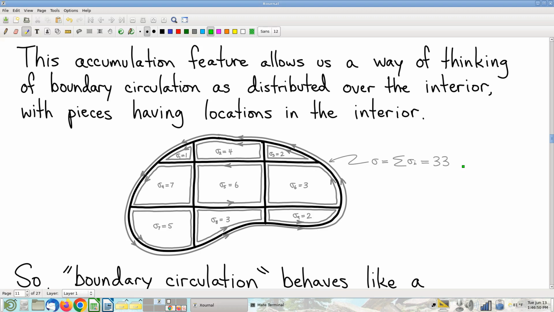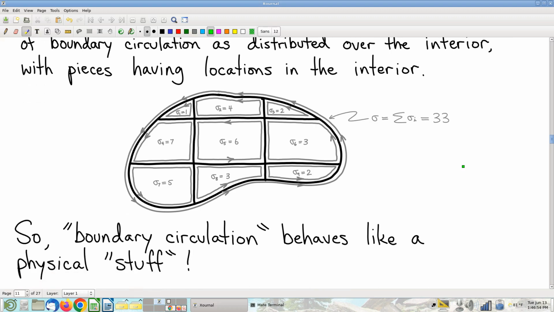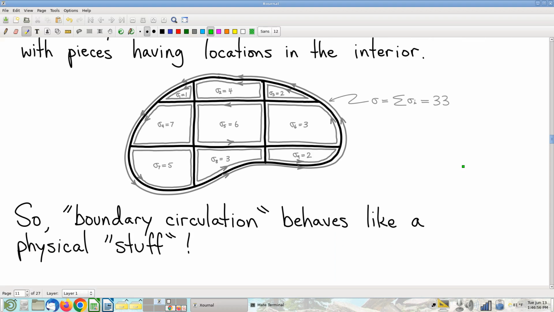That's just what it is. So, I encourage you to think, and this is counterintuitive, of boundary circulation as being stuff-like. Obviously it's not mass, but think of it as being kind of physical, because it behaves just as if it were physical.